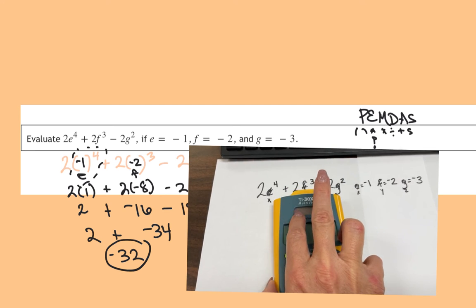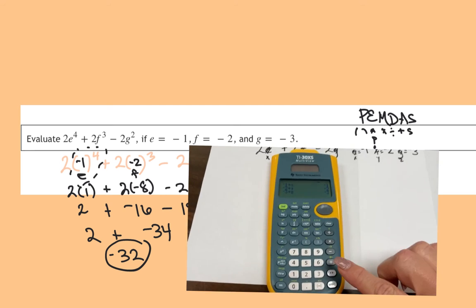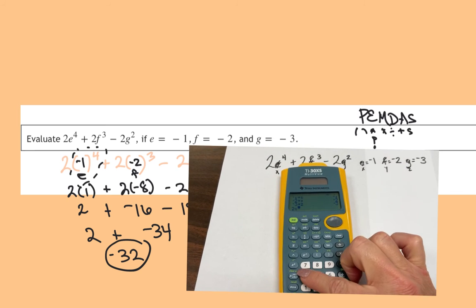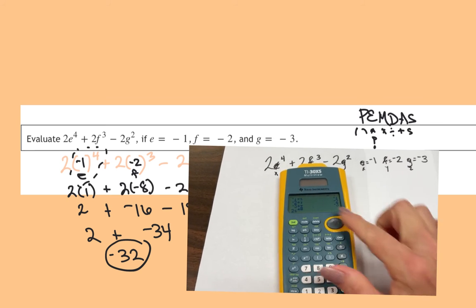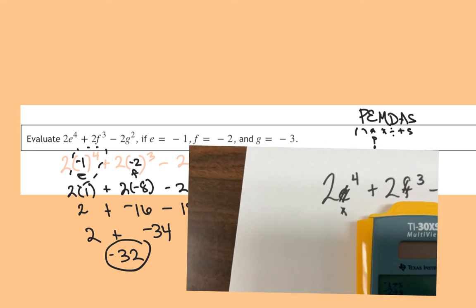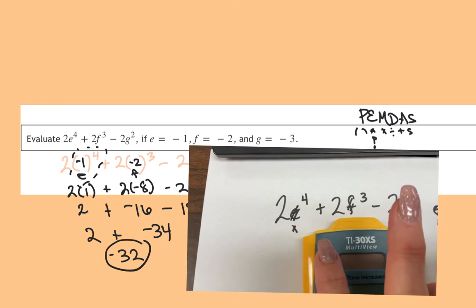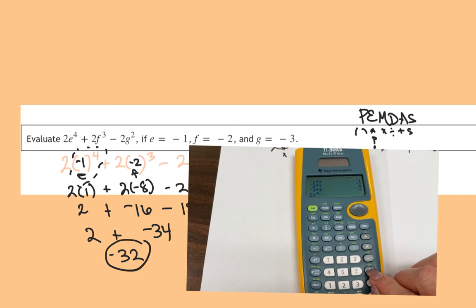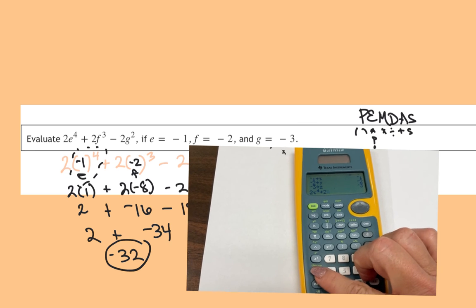Then I have to use my problem, 2x to the 4th power, and then I can't stay up high, so I use this arrow to scoot over, and then the problem says plus 2, and we're using y to the 3rd power.